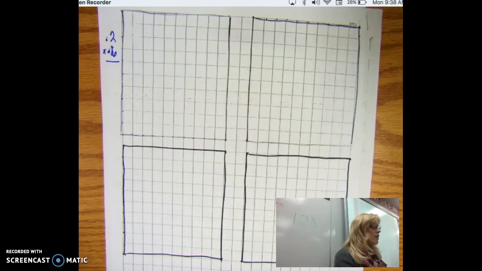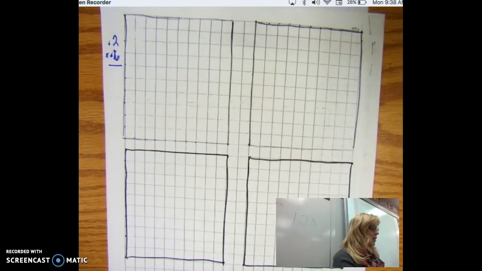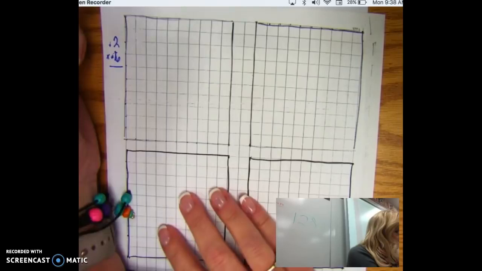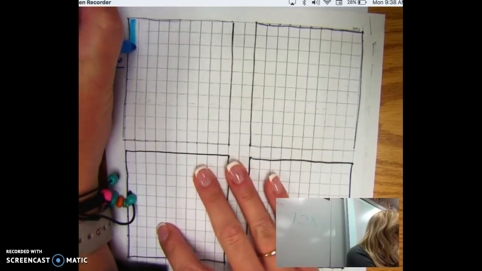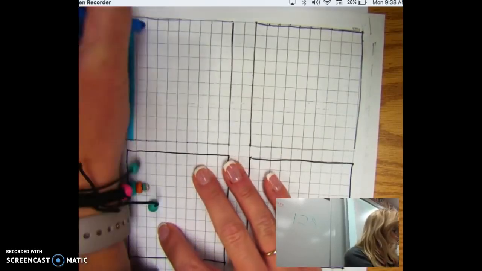I'm going to show you with a model why it works that way. And what I'm going to do first is I am going to take this highlighter. You can just simply shade with your pencil or something like that. But what I am going to do is I'm going to shade in 0.2 of this.